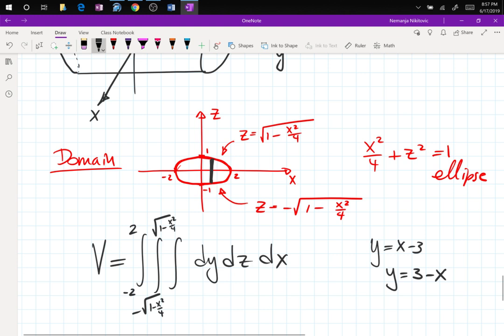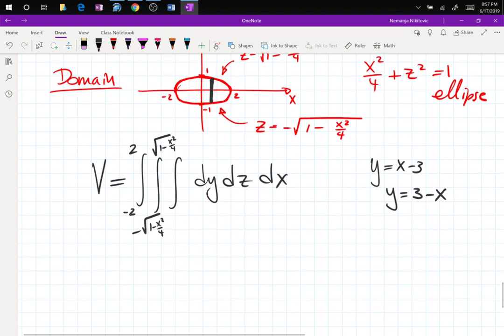So why break our heads when we can draw? I can just go and say, how about I just draw xy and see what's in store. The first one crosses at negative 3, and the slope is 1, so it goes like that. So this is x minus 3. And the other one is 3 minus x, which goes like this.